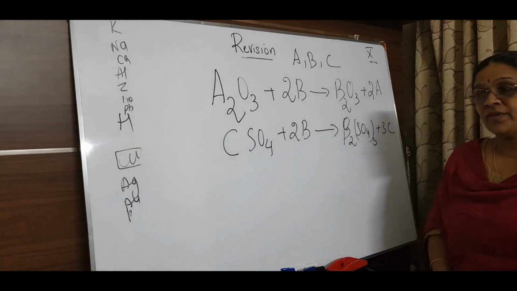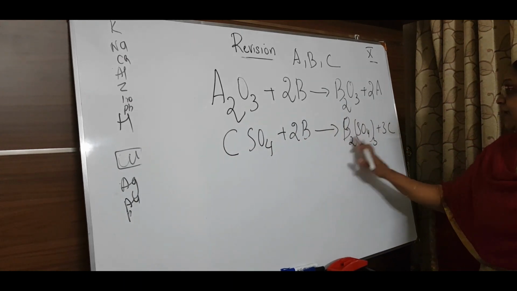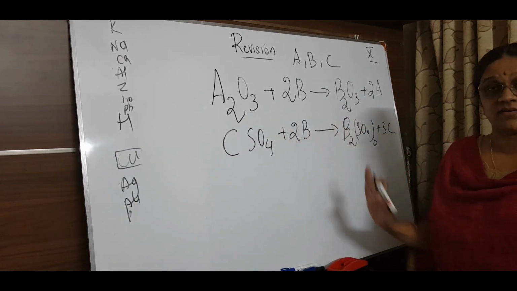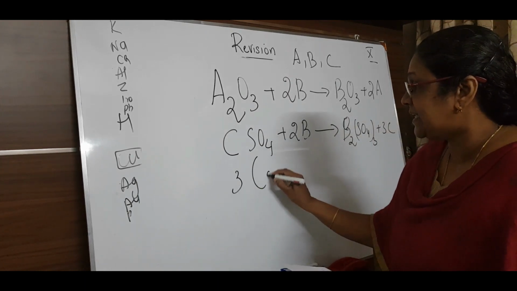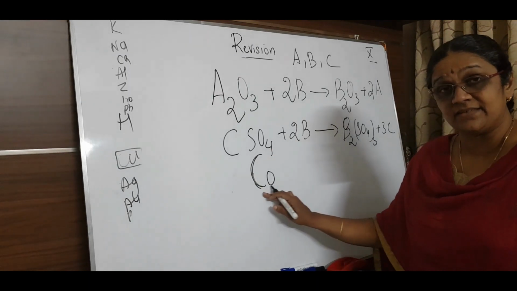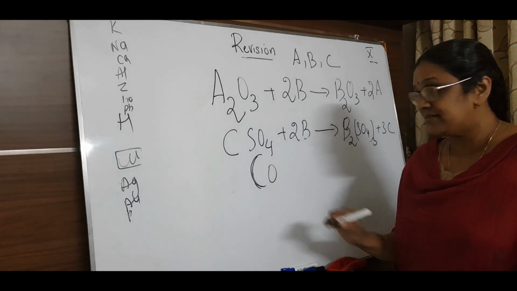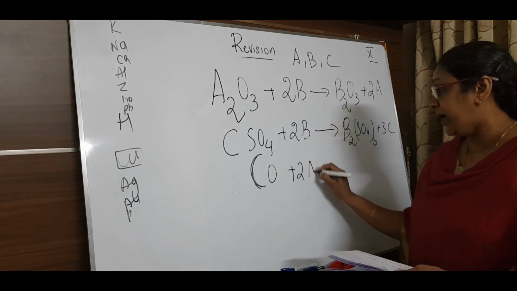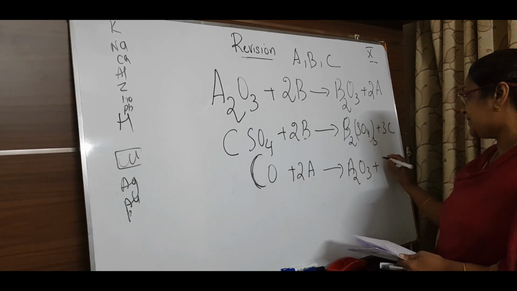See? C is another element, B is an element, only sulfate is there, we know. And again one more reaction, 3CO. CO means C is an element, not carbon monoxide. See, C is another element, it's an oxide. Okay, plus 2A will give you A2O3 plus 3C.